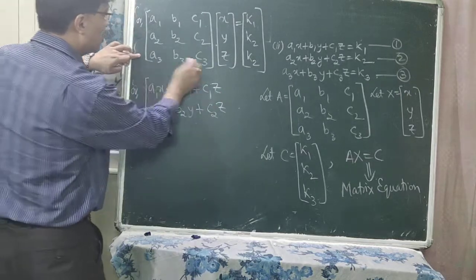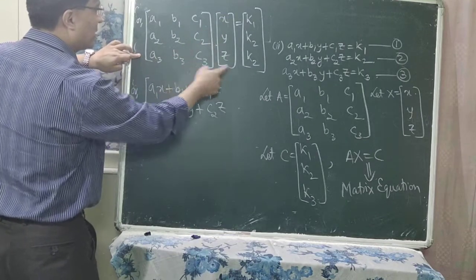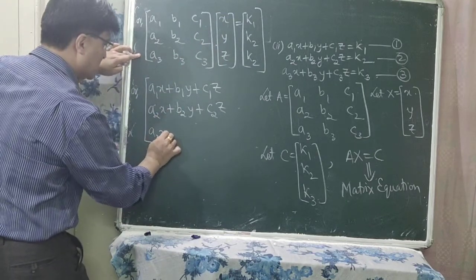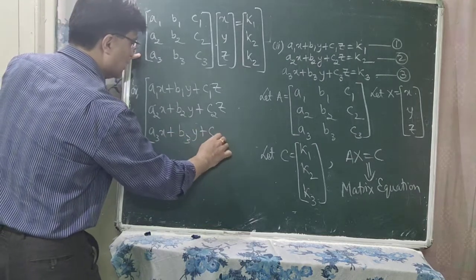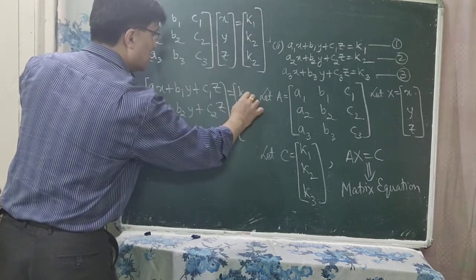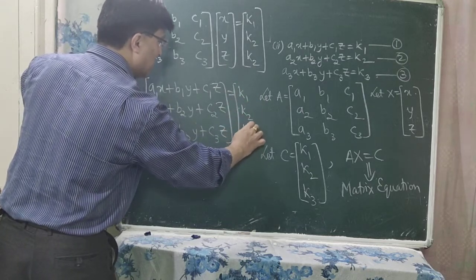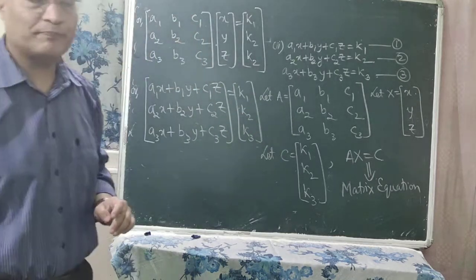Okay? Now third row by first column. Corresponding elements should be multiplied again. So it is A3x plus B3y plus C3z. So which is equal to what is here? This is K1, K2, K3. Is it clear to all of you?